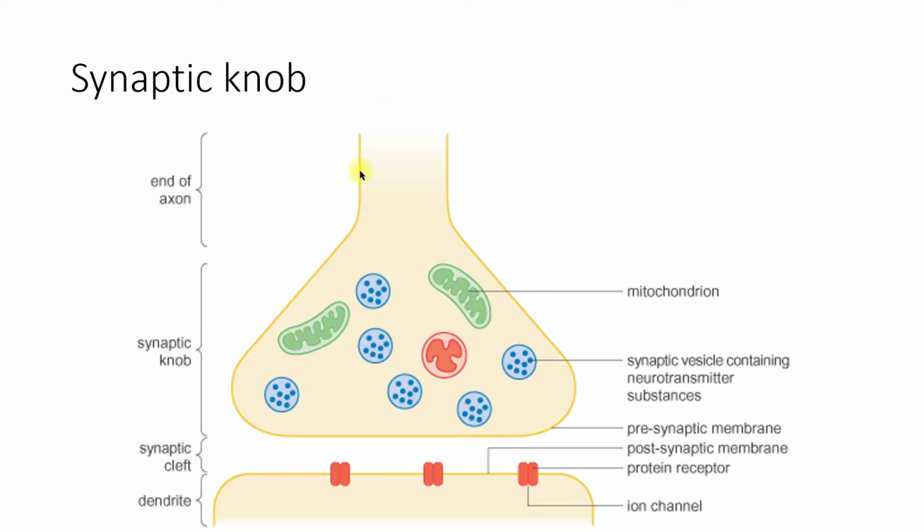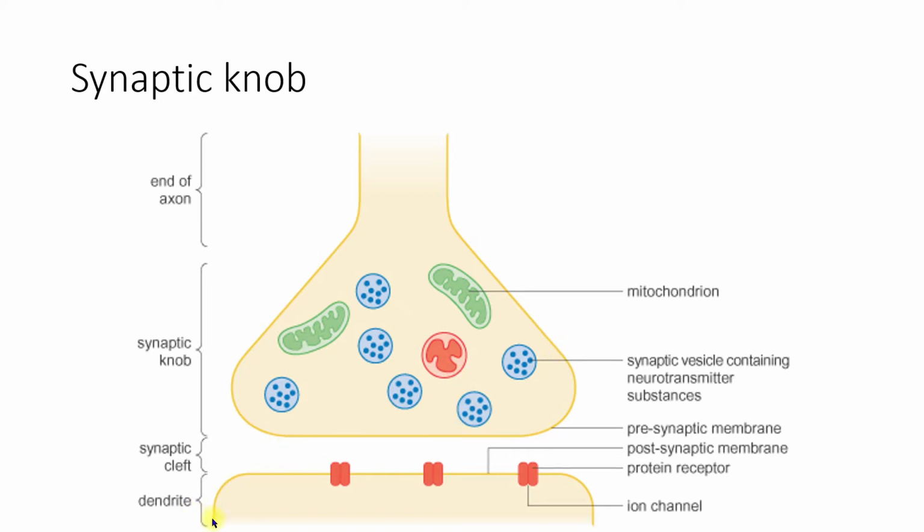So again, a synapse has a synaptic cleft, and the end of this synapse here is known as the synaptic knob. If you refer to this diagram, a synaptic knob has many mitochondria and many synaptic vesicles that contain neurotransmitters such as acetylcholine and norepinephrine. Other examples of neurotransmitters are dopamine.